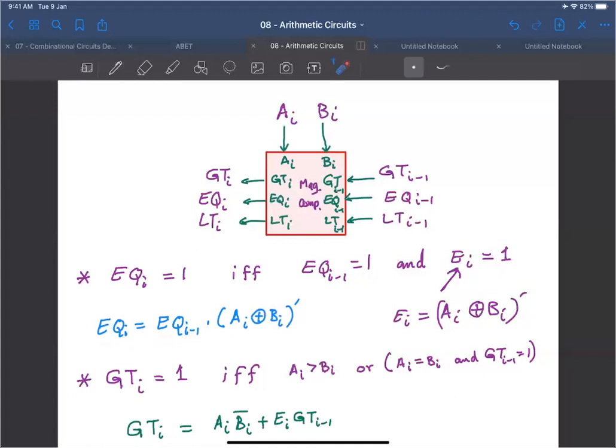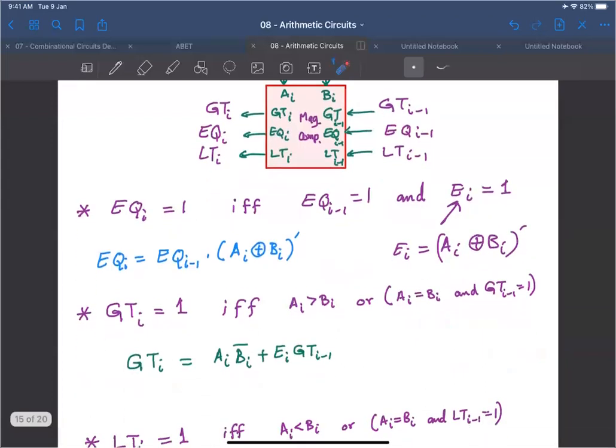Then we have GTI. GTI is going to be 1 if and only if AI is greater than BI. In this case, regardless of whatever the state before, GTI will be 1. The other case in which GTI will be 1 is when you have equality now and GT from before, just like we saw in the example.